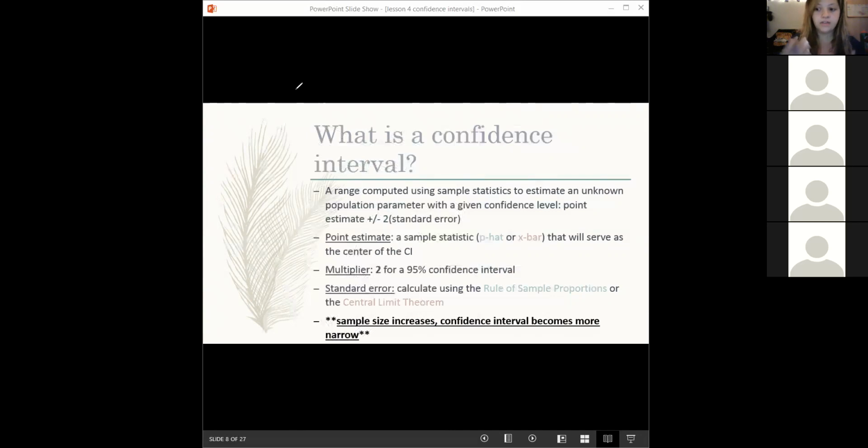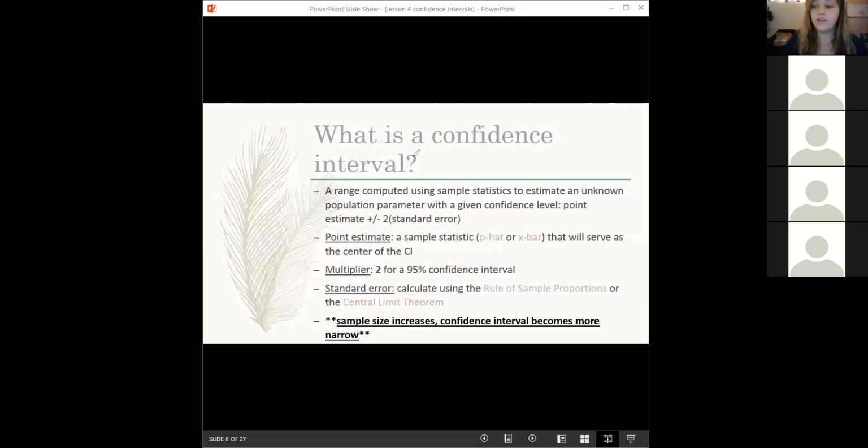So to review again, we take a bunch of samples, put them on a distribution, and then compute a confidence interval, which I'll show you how to do over here. You compute the confidence interval, and that's predicting and estimating, given a certain confidence level, where you think that population parameter is.